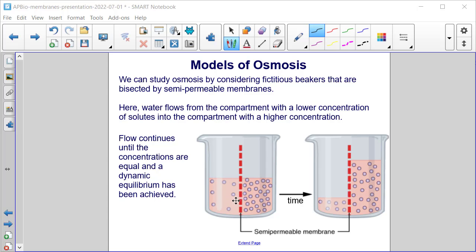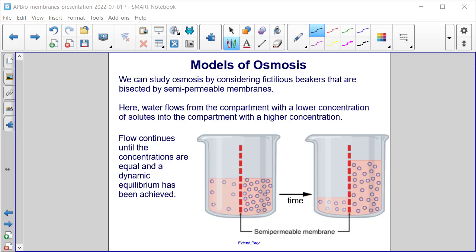In this case, the water will flow from the left into the compartment with a higher concentration of solutes. You can see the water increasing on that side. The flow of water will continue until the concentrations are equal and a dynamic equilibrium has been achieved.